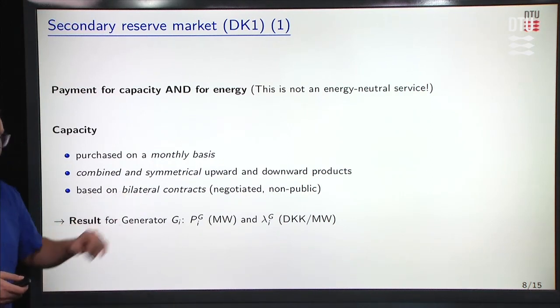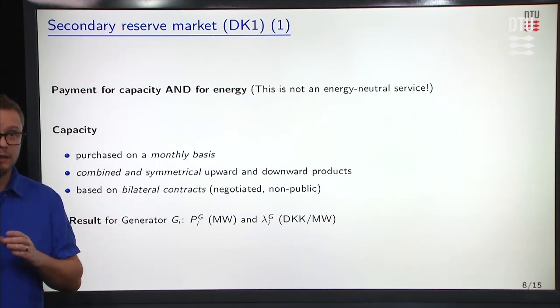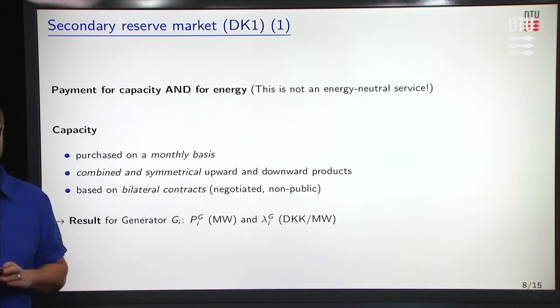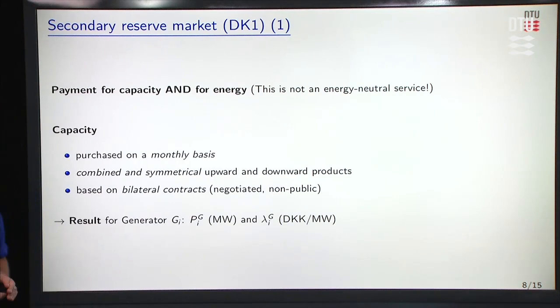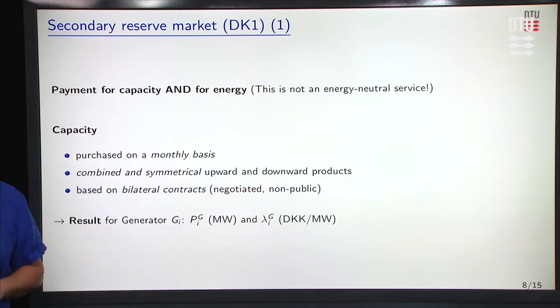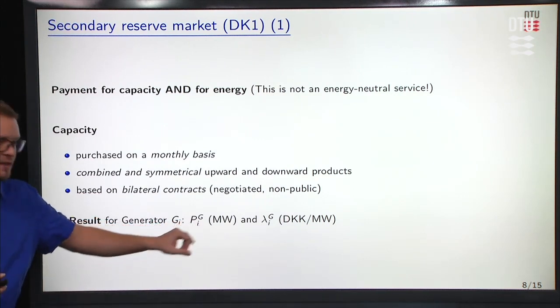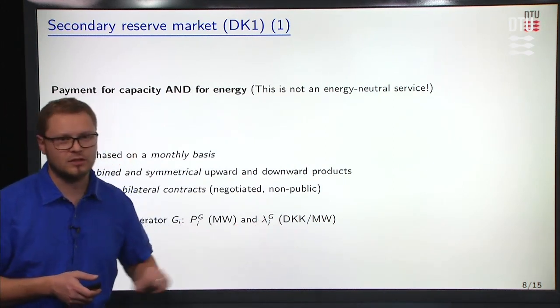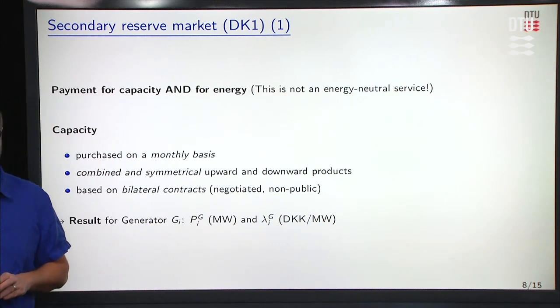And finally, these are bilateral contracts directly negotiated between the demand, which is Energinet in Denmark, the system operator, and the generators, and then the outcomes and the conditions are not public, as is the case for bilateral contracts. As a result of this negotiation, a generator has a capacity committed or scheduled for secondary reserve provision, and then a price, which is a capacity payment per megawatt of secondary reserve provision agreed upon.